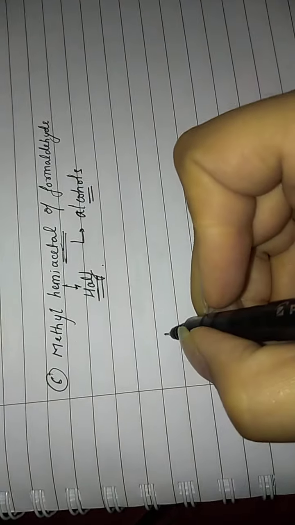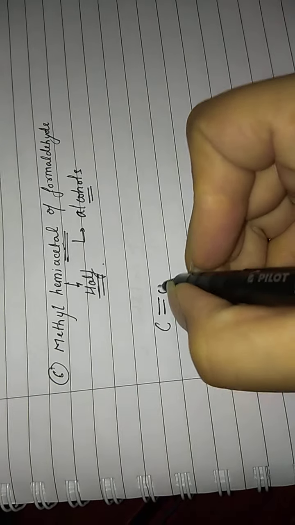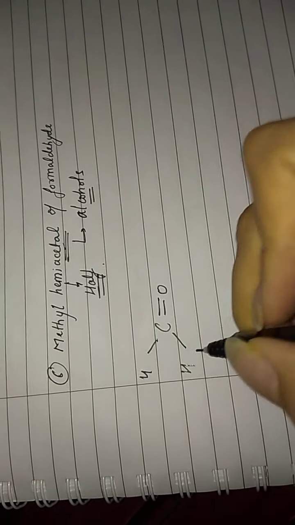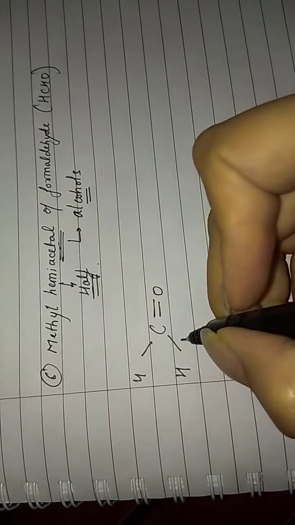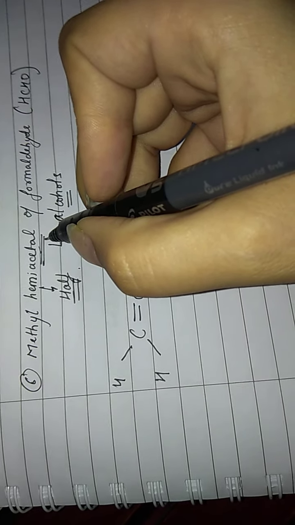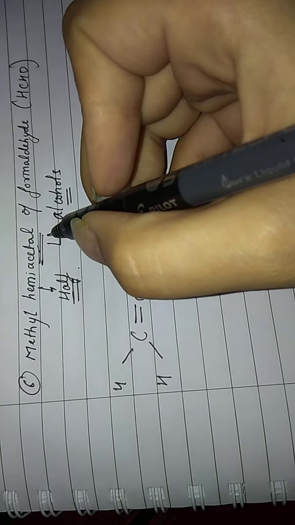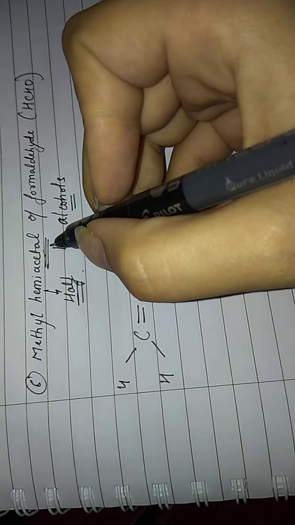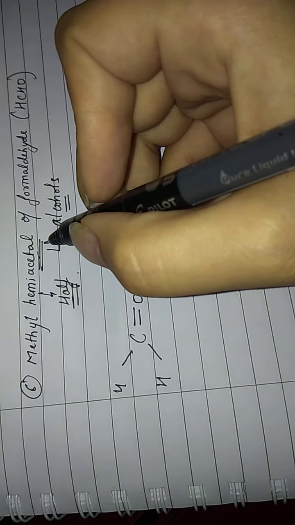Okay, now formaldehyde. First of all, in the same way I draw my aldehyde, formaldehyde is HCHO, which can be drawn like this. Fine. Okay, hemiacetal. Now for forming a complete acetal, we used two alcohol molecules.